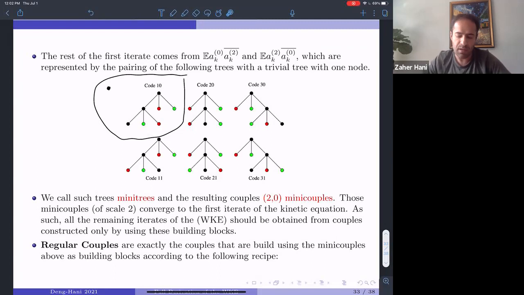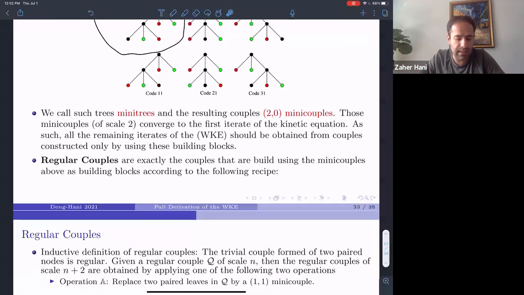And this is exactly what we call the regular couples. So regular couples are exactly the couples that are built using mini couples as building blocks, according to a recipe that I will tell you in the next slide. If you like, they become the atoms of your couple, and then you only use those structures in order to build a bigger couple.